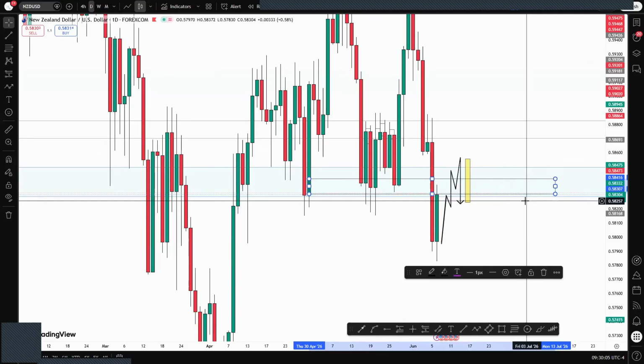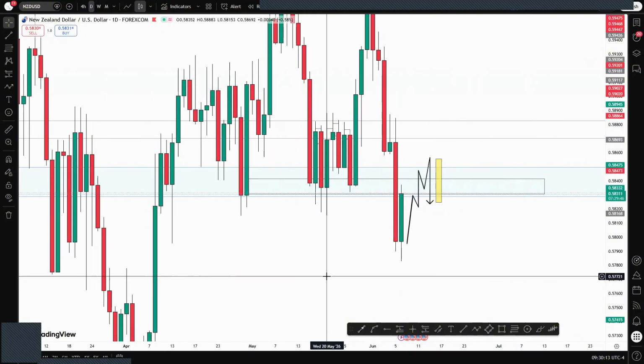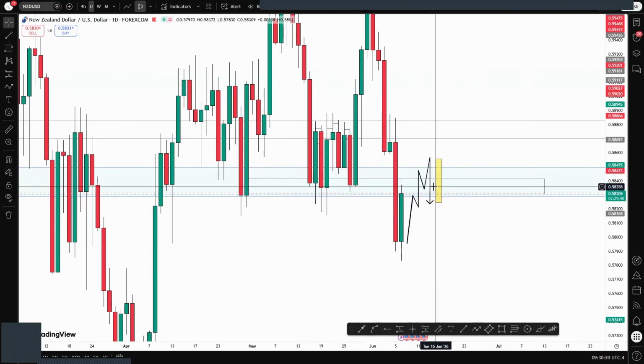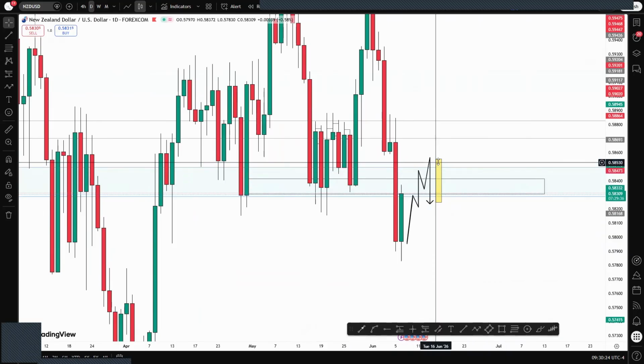Okay. So what does this mean to us as traders of this pair? This simply means that we are still waiting for price to close bullish and then give us a bearish reaction here.